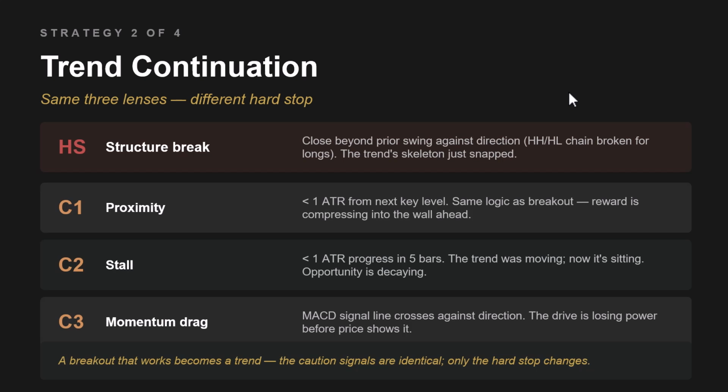It's actually not that different to what we've seen in the previous, in that the breakout ultimately becomes a trend, and what we're doing here is we're trading a continuation of that trend. So those 3 confluence factors still work. It's only the hard stop that changes, really.